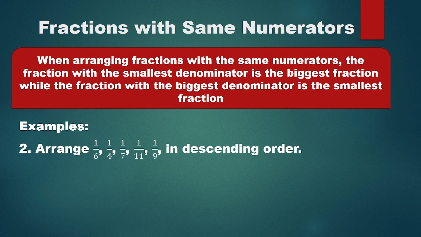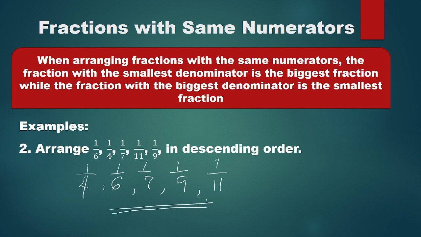So the one that has the smallest denominator is the biggest fraction. In that case, we have 1 over 4 as the biggest fraction, followed by 1 over 6, followed by 1 over 7, followed by 1 over 9, then 1 over 11. So I have arranged my fractions in descending order.